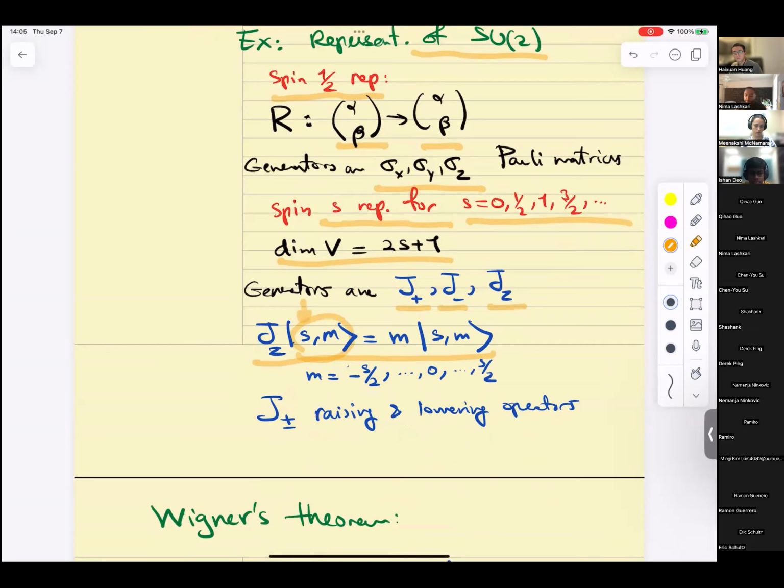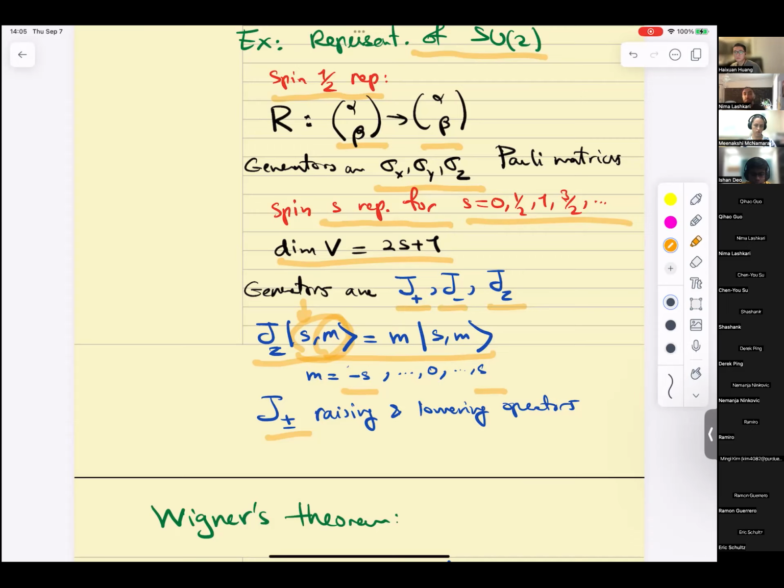S is the spin, and m is this parameter that runs from minus s to s. So it's 2s plus 1 dimensions. Now j plus and j minus are raising and lowering operators.